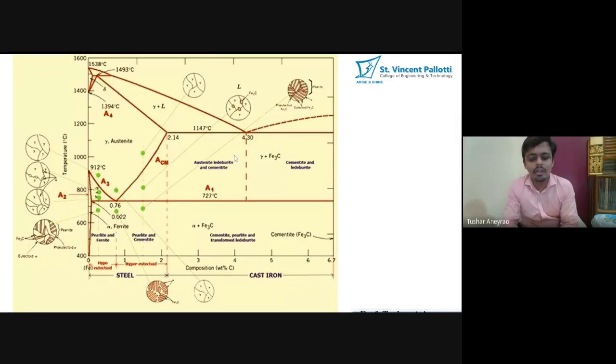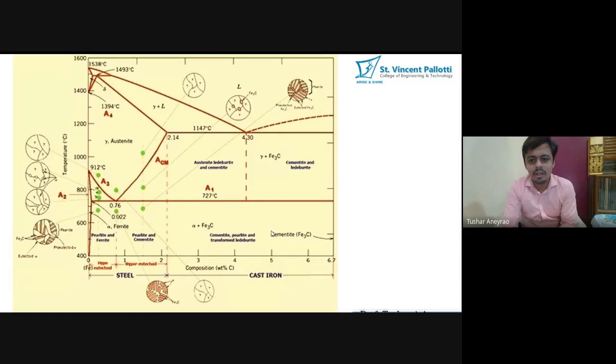Because we have seen while seeing the phases that austenite is the phase which is stable only from 1493 degrees centigrade to around 727 degrees centigrade with carbon percentage up to 2.14%, and the cementite phase is present from around 1147 degrees centigrade up to room temperature, and that cementite phase can only be obtained when the carbon percentage is at 6.7%.